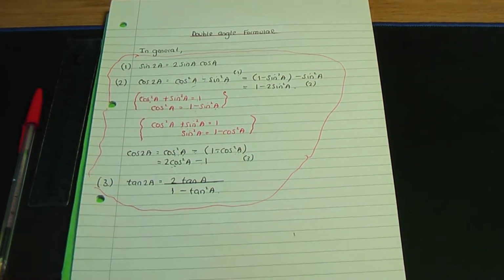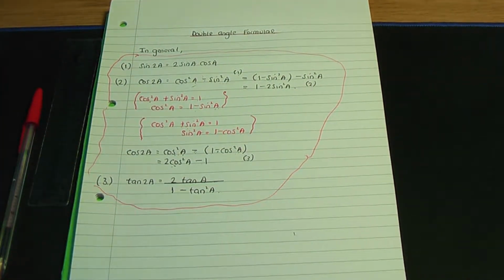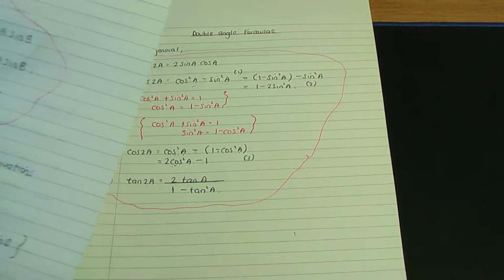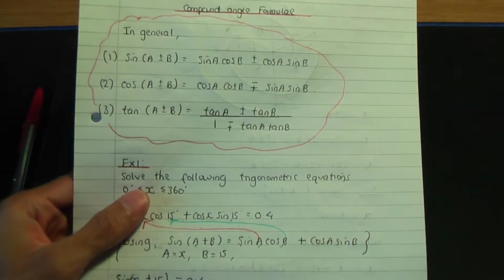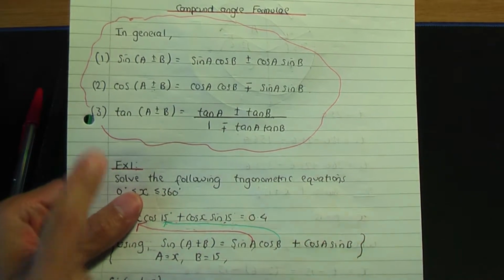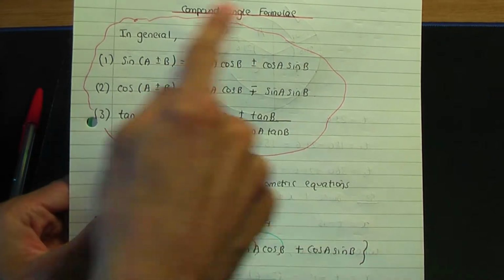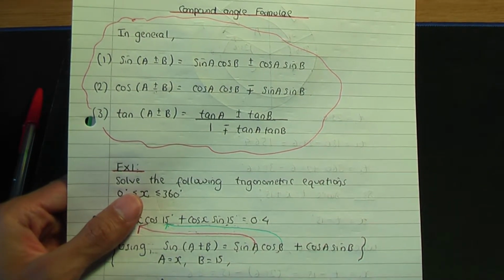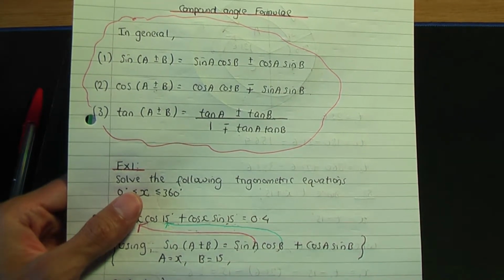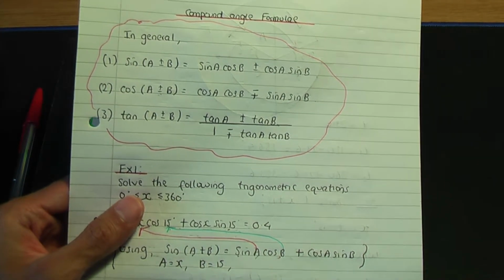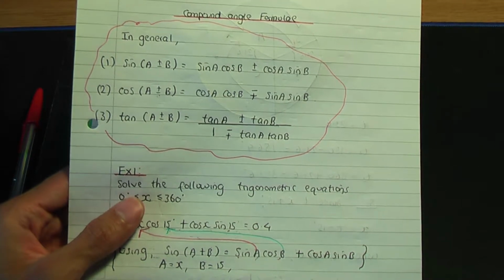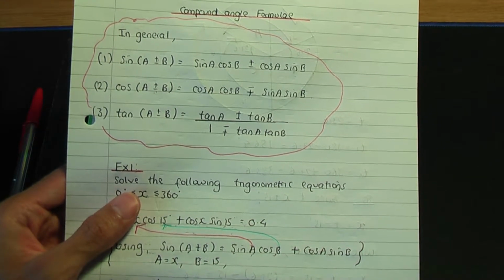Now, where do they come from? The double angle formulae you can get from the compound angle formulae. In a previous video, I explained the compound angle formulae and some examples of instances where the compound angle formula can be applied. If you haven't seen that video, I'd encourage you to watch it.